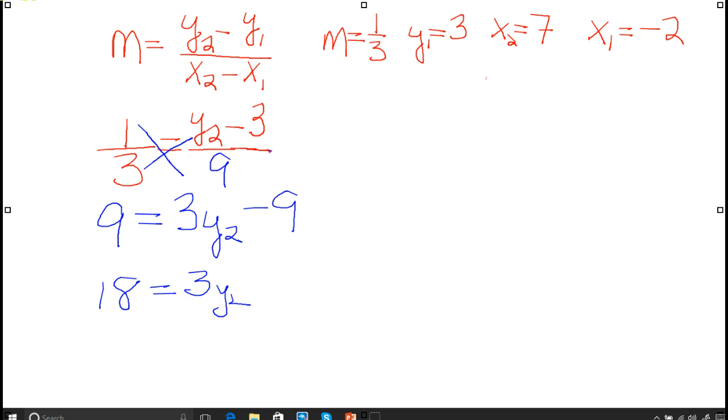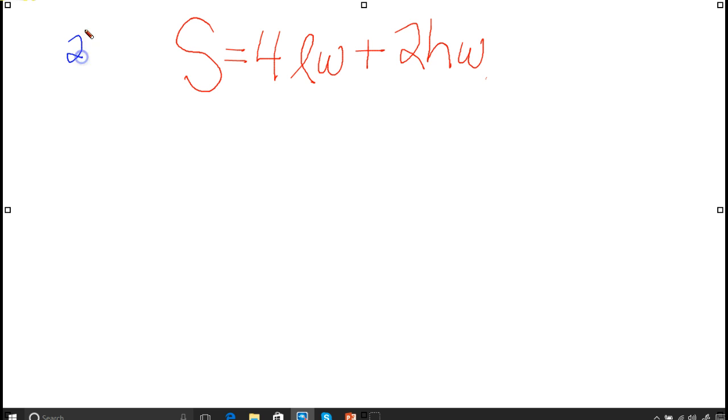Well, you may recall we said in lecture, you divide by the numerical coefficient, and we get y sub 2 is 6. So we use the formula, and then through substitution we found a missing letter. All right, that's our first example. We could label this one number 2, our second example.